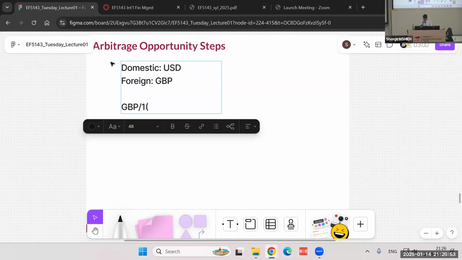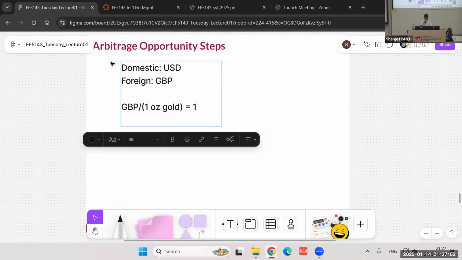The price of 1 ounce of gold in terms of British pounds is 1, okay? And the price of 1 ounce of gold in terms of US dollars is 2.